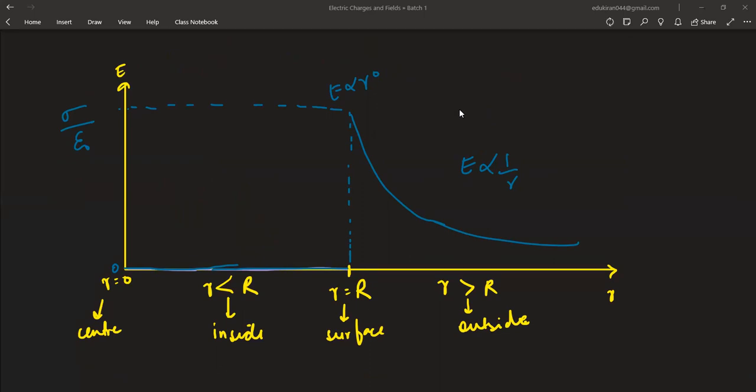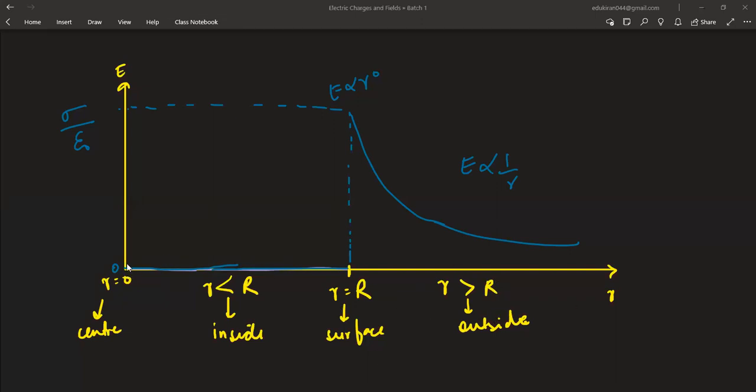Now look, class, if you plot it, listen carefully. This is 0, the center. This is r equal to capital R, the surface. Any point from the center to the surface is inside only, right? And any point outside this capital R is considered as outside.